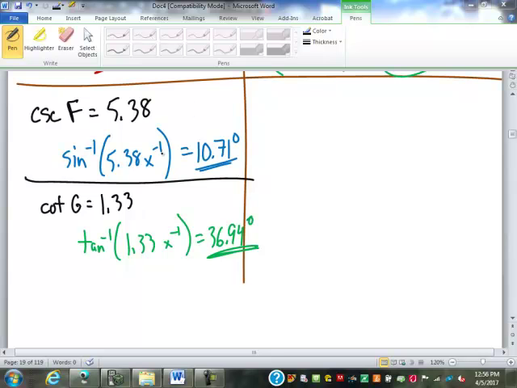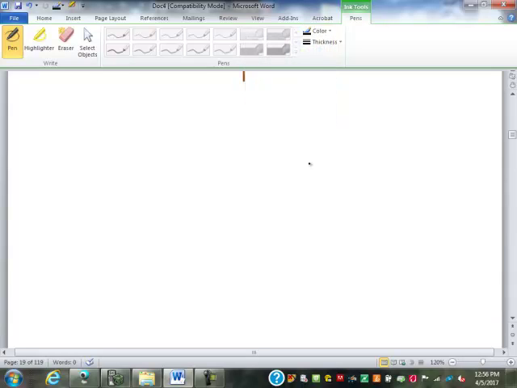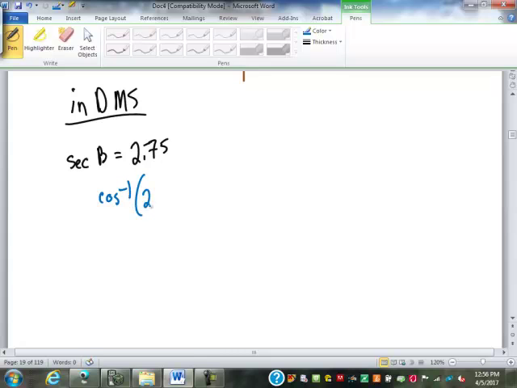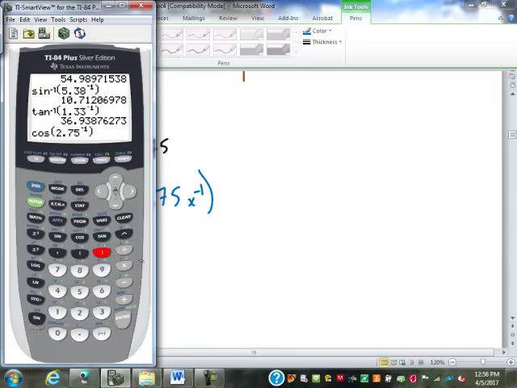Now, I might ask you to do some of these inverse functions to the nearest degree, minute, second. So if I want it in DMS, let's say that we tell you that the secant of angle B is 2.75. So we're going to do the inverse cosine of 1 divided by 2.75, with the reciprocal before we close parentheses. Something went wrong there.